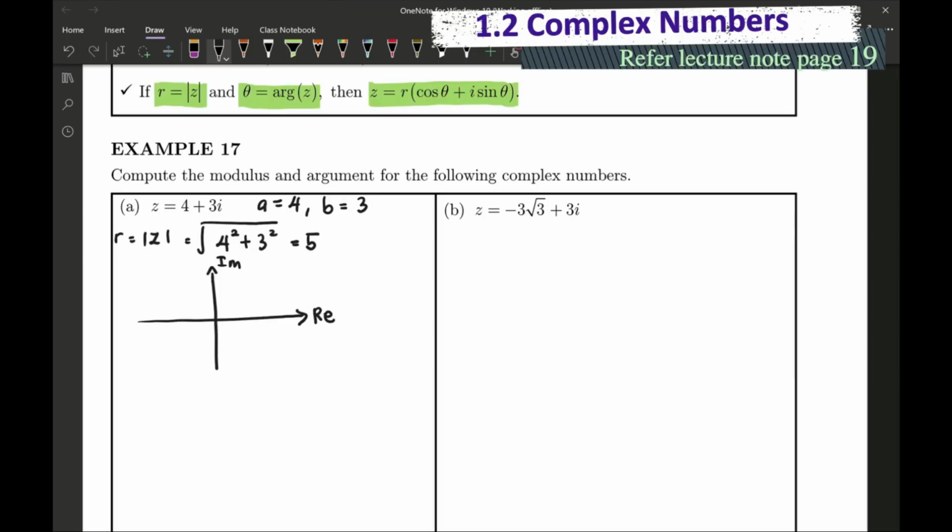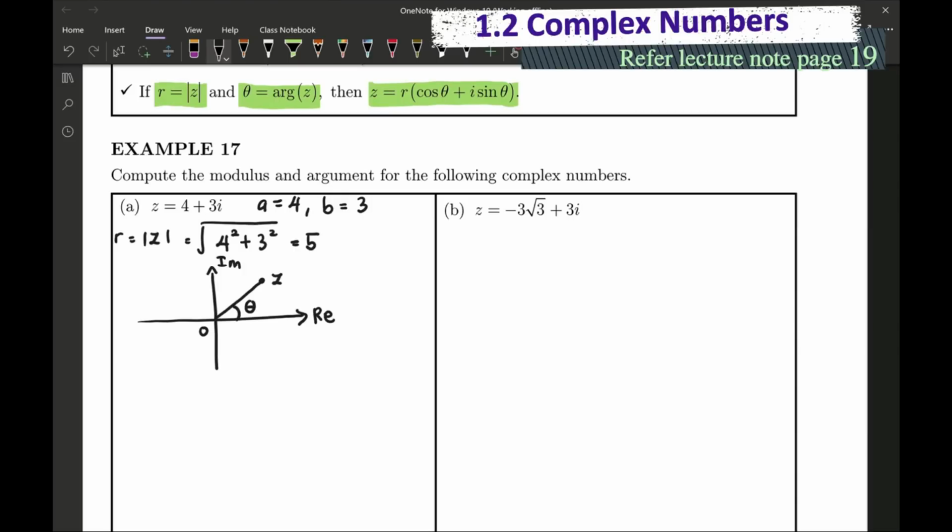So we have positive a and positive b, right? That means our complex number is in the first quadrant, somewhere here. This is our position of z. This is our theta that we want to find.